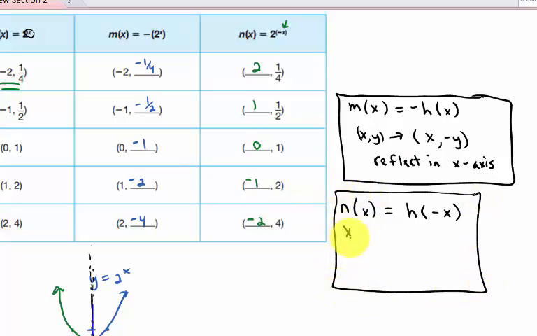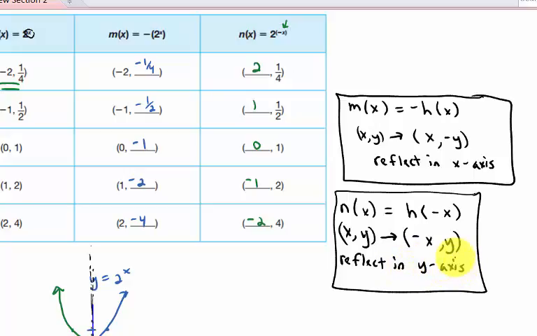Our original x comma y values became negative x comma y. And that was a reflection in the y-axis.